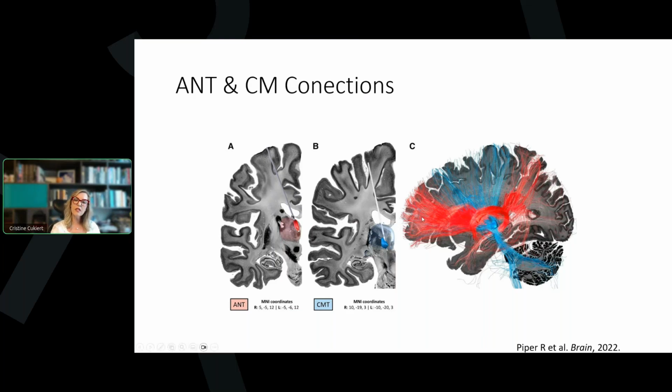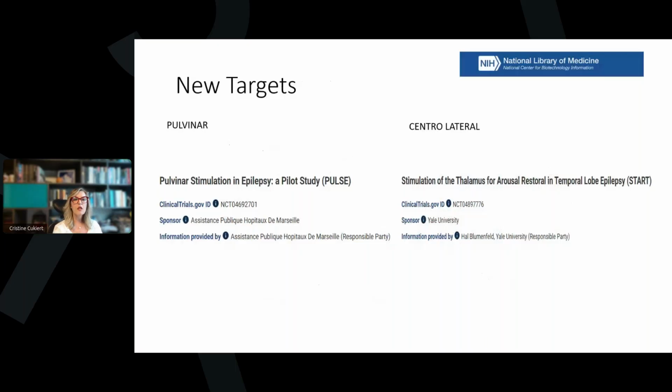And for the anterior nucleus, we have the connection especially to the frontal lobe and also the temporal lobe. In the beginning, these patients were treated for every kind of epilepsy, but nowadays we know that the response is much better for frontal lobe and temporal lobe epilepsy. Here we have the new targets.